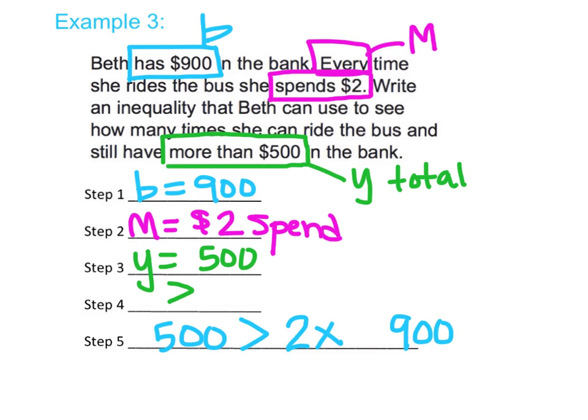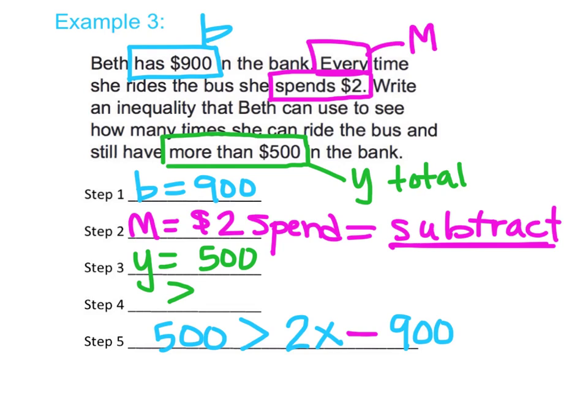I say when you spend money, that means you need to subtract. You have less money than what you started with. So that means instead of doing plus 900, we are going to have to subtract. We got a subtract sign in this equation.